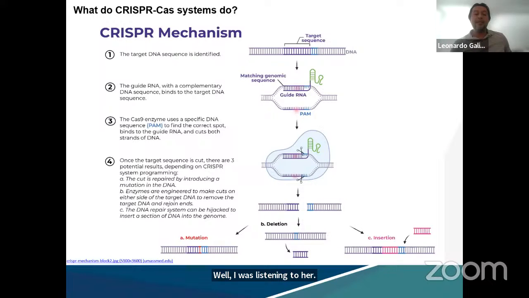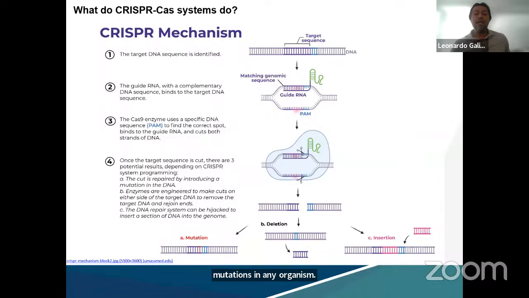So CRISPR systems were first discovered in bacteria, and they resemble immune systems, mainly comprised of enzymes which cut foreign nucleic acids from invaders, and those invaders are usually, for bacteria, viruses. So Doudna and Charpentier repurposed this bacterial system to use it in creating mutations in the DNA of any organism.